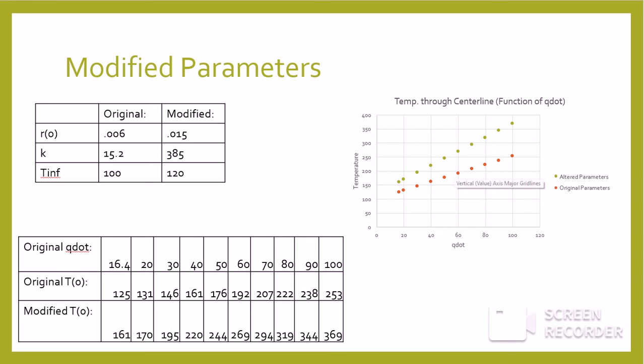The modified radius allowed for higher temperatures to be found at these different Q dots, more area to work with. And the conductivity showed a smaller conductivity allowed for lower temperatures because the resistance was just not as high. And with the higher temperatures, that means there's more resistance, more heat generation is involved.